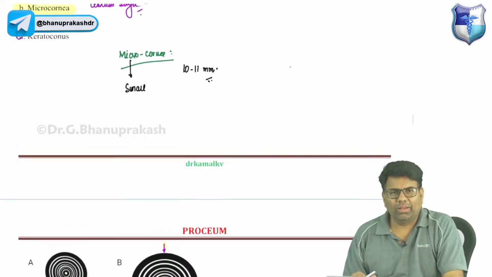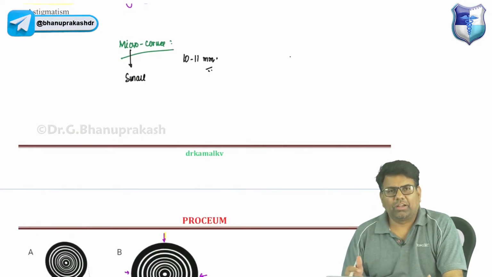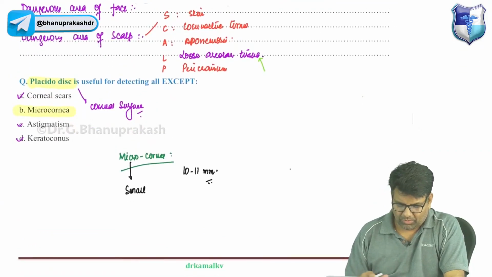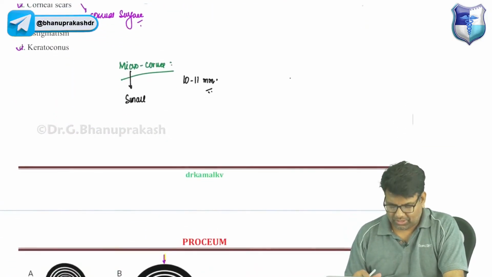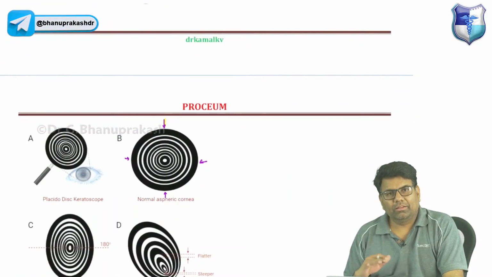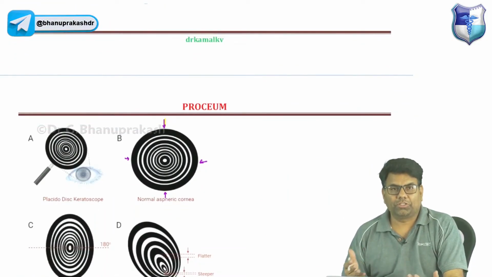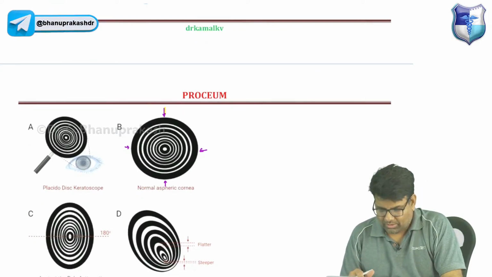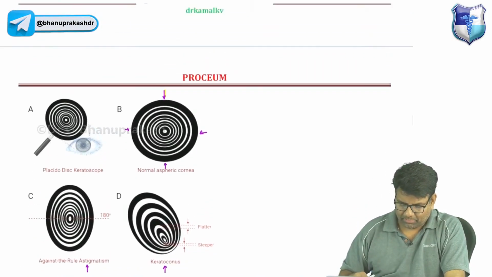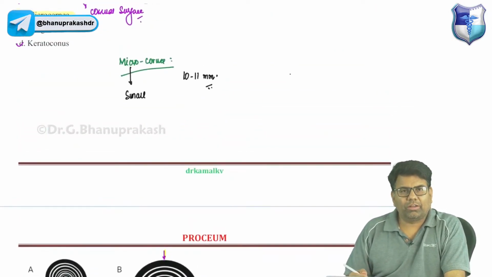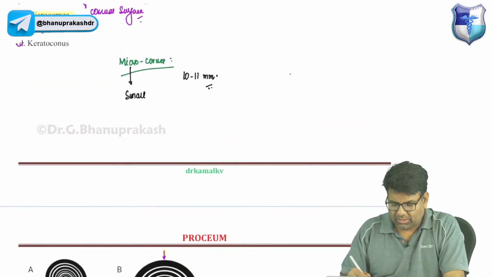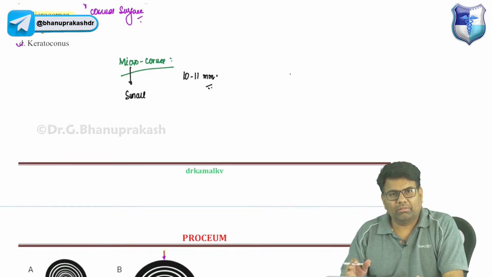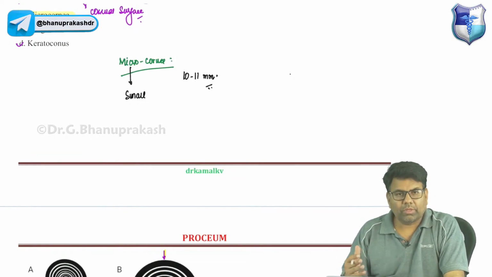Yes, it is a congenital anomaly. It may be associated with a flat cornea also. So as far as the placido disc is concerned, any abnormality in the surface or the curvature of the cornea will lead to distortion of the image on the placido disc. Clear? And I think all of you must know what astigmatism is. There is a spherical aberration, so that the rays of light focus on different points on the retina through the cornea.